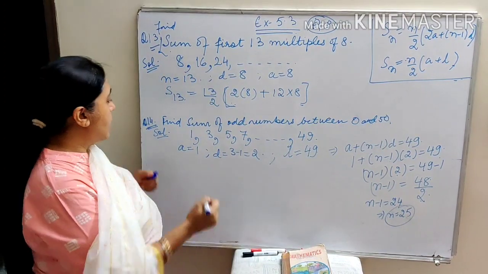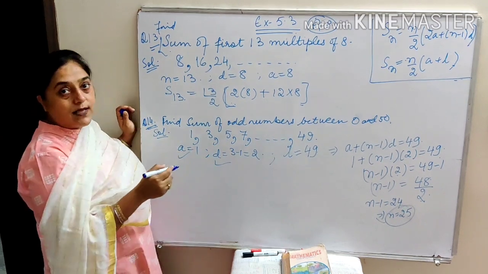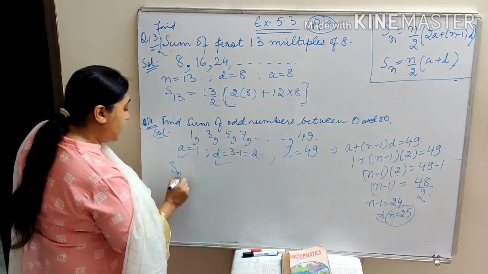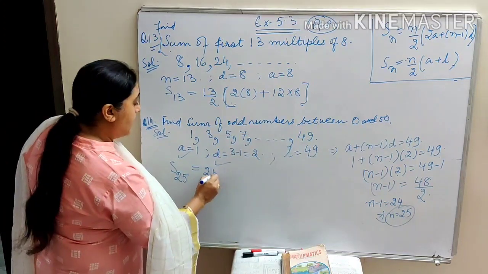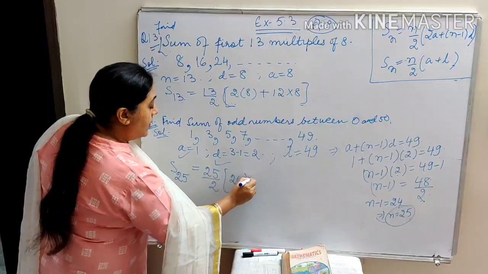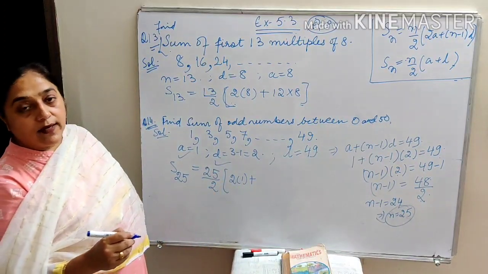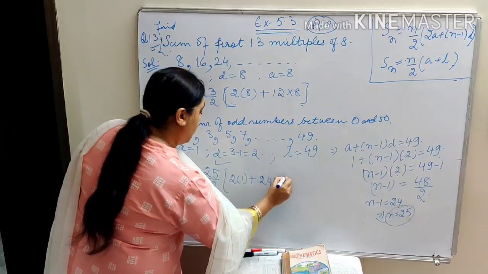Now you have a, you have d, you have n. You have to find the sum. That means I have to find S25. It will be equal to n by 2 [2a plus (n minus 1) d], that is 2 into 1 plus n minus 1, which means 24, into 2, right?